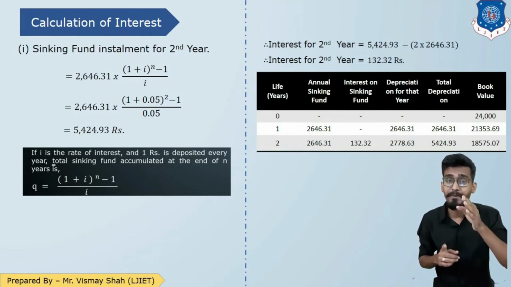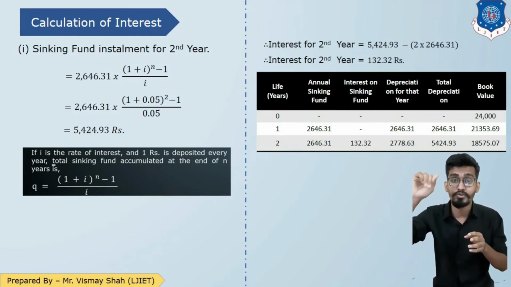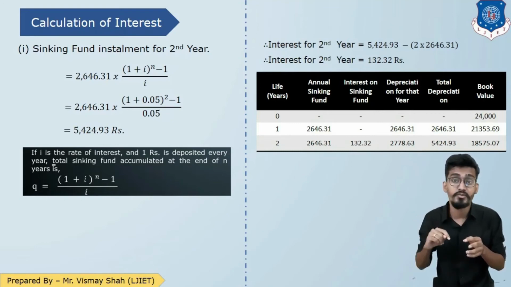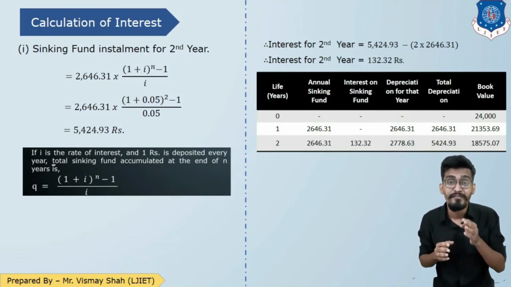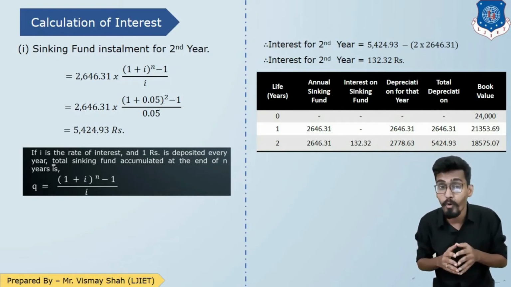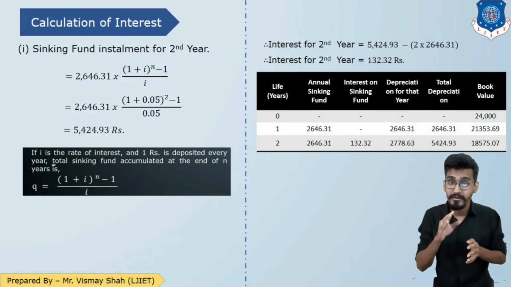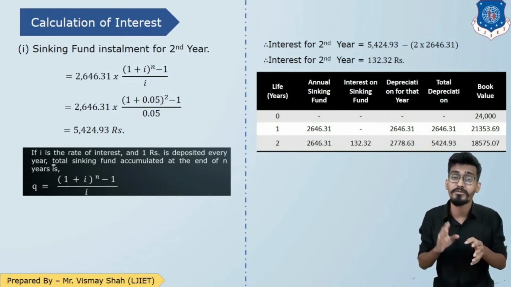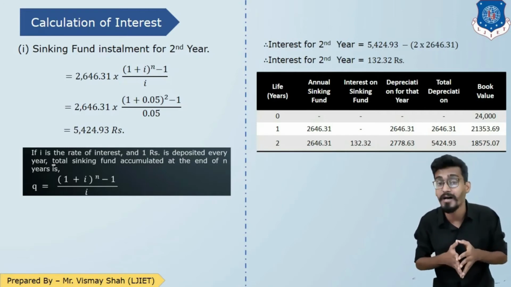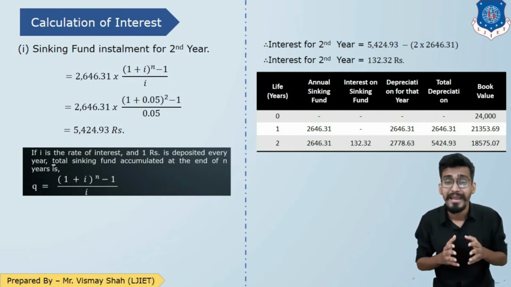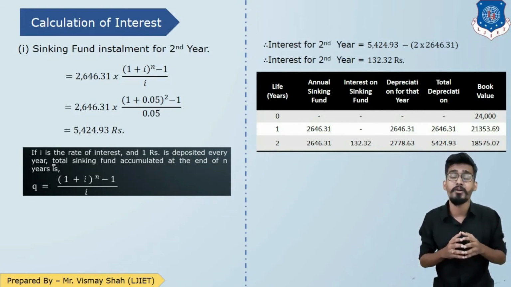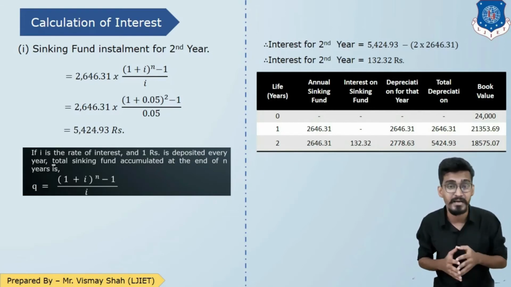The initial depreciation was 2,646. This is 2,777. So the total depreciation will become 5,424.93 rupees. Now to get the book value, subtracting this from the original cost, you will get the book value 18,570 rupees for the second year.